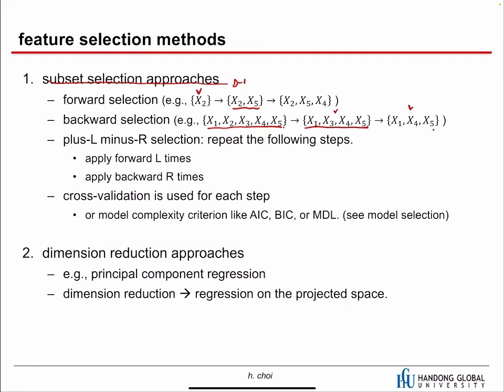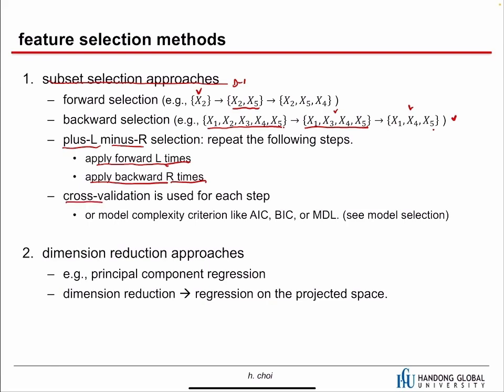Okay, and this one is too naive, so we can have plus L and minus R selections. We can repeat the following steps: apply forward selection L times and apply backward selection R times. Okay, so then we can increase and decrease, and increase and decrease. That would be much better than these simple directions.